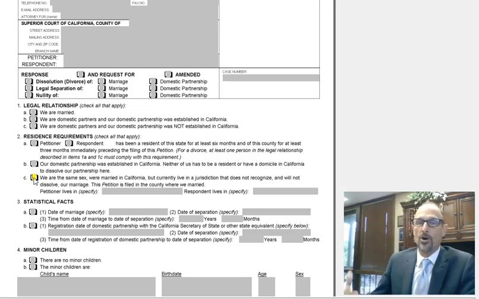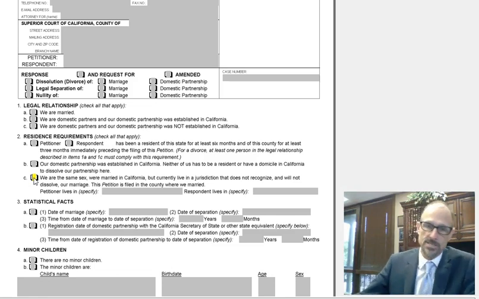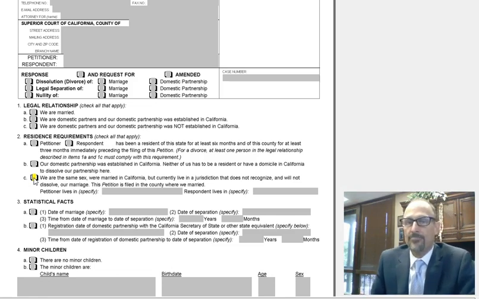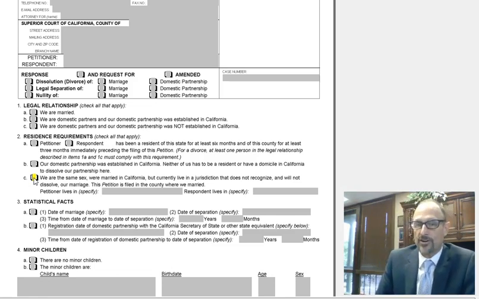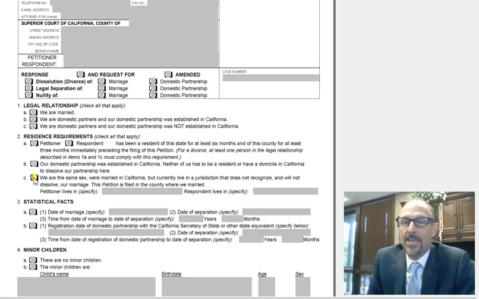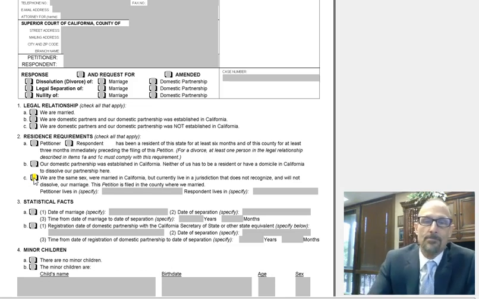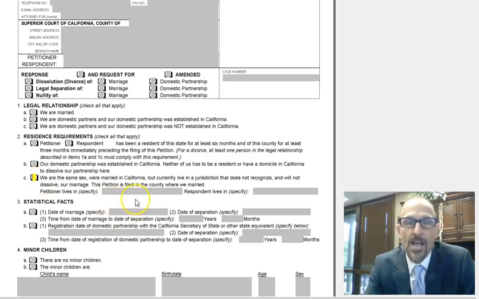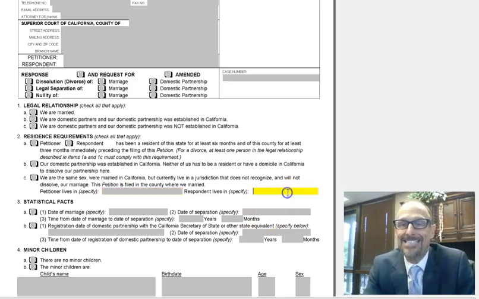If you are now living in one of those states, you can still get your marriage dissolved here in California if you were married here by marking C. Then if you marked C, you're going to put the city and state where the petitioner lives and the city and state where the respondent lives, in the appropriate boxes.